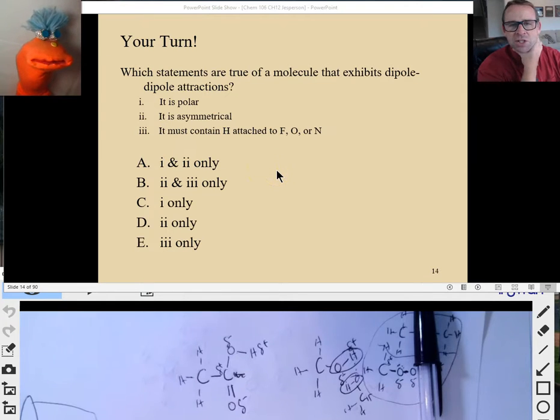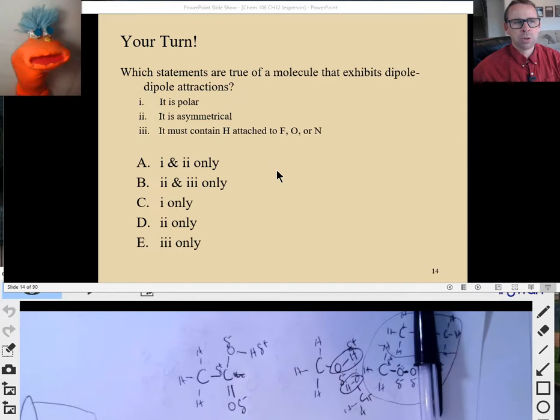So, which statements are true of molecules that exhibit dipole-dipole interactions? Is the molecule polar? Yeah, you got to have polarity. That's right. Is it asymmetrical? Yeah, you got to have asymmetry. Does it have to contain hydrogen attached to fluorine, oxygen, and nitrogen? Yeah, well, let's see. What is the question asking? Which statements are true?